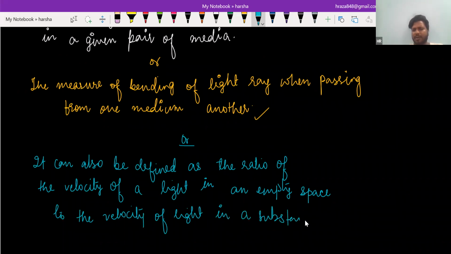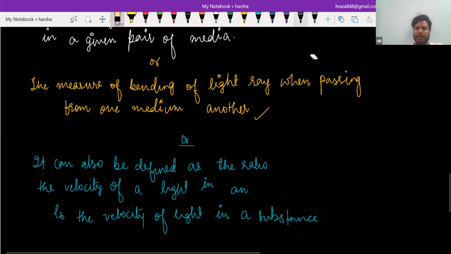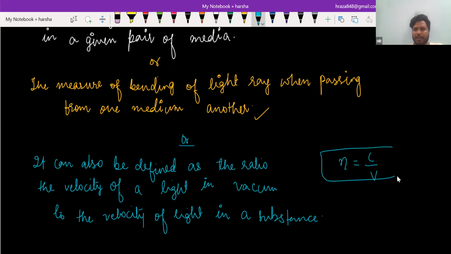First of all, correct it: not empty space, in vacuum. So refractive index is denoted by n, and n is equal to c upon v. This c is the speed of light in vacuum. Please write it.